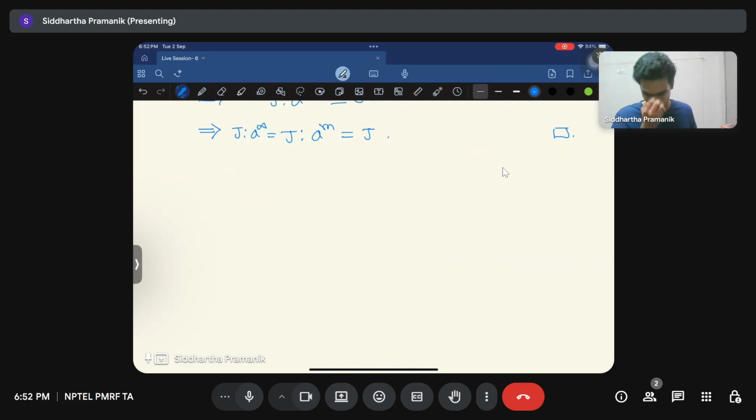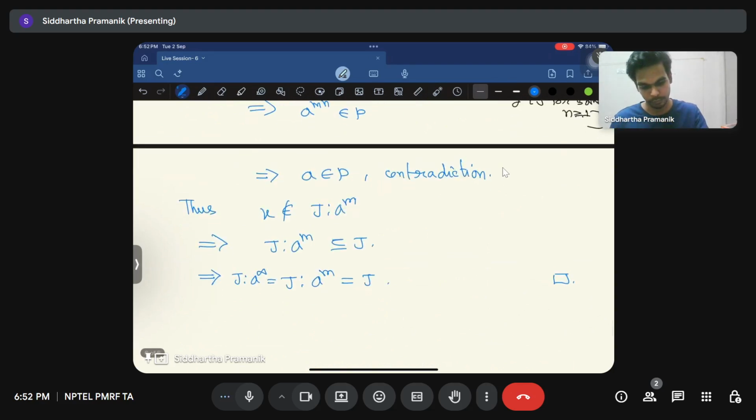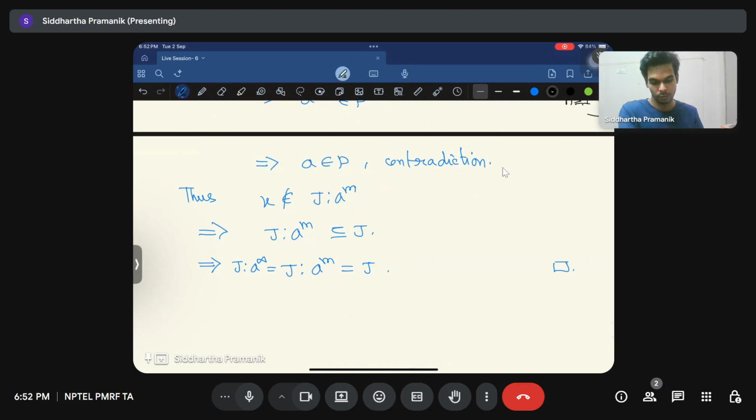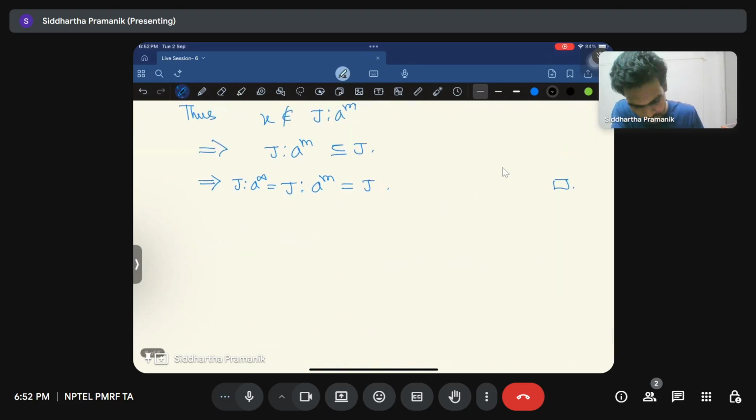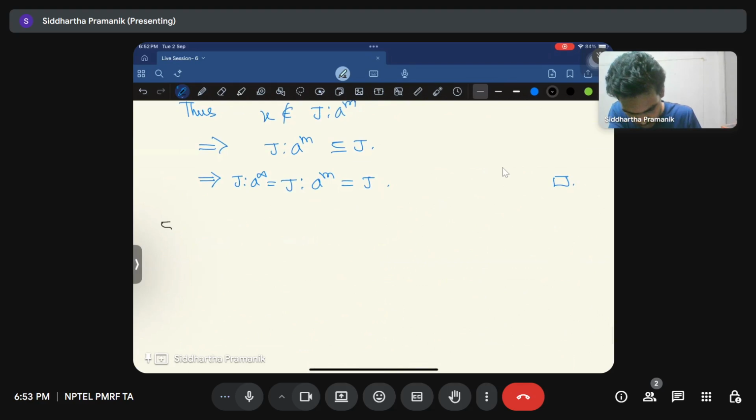Okay, so let's do the other problems. Problem number 5. Let R be a ring. R is any ring, and any ring means commutative ring with identity. And M be an R-module.